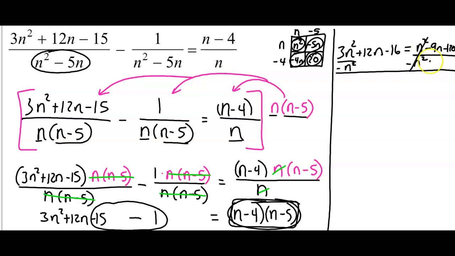I also want to add 9n on both sides. That way those cancel out. I also want to minus the 20 on both sides. That way those cancel out. And therefore on the right side all I have is 0. And once I combine all these together on the left side, I end up with the following.